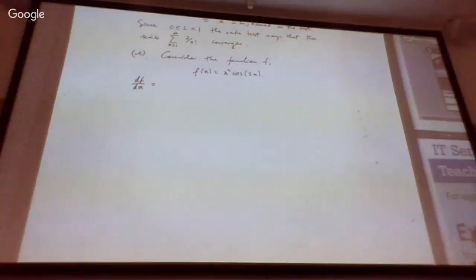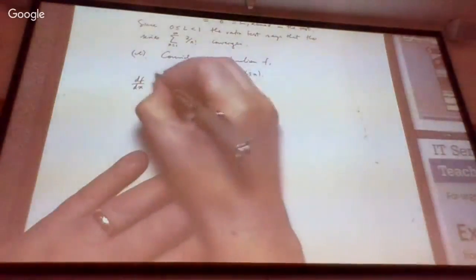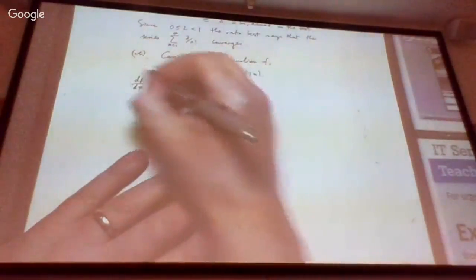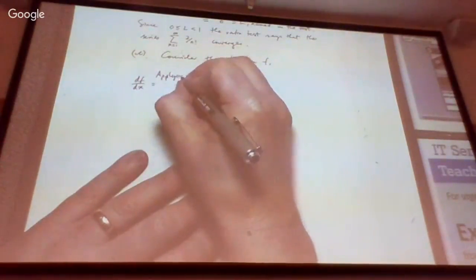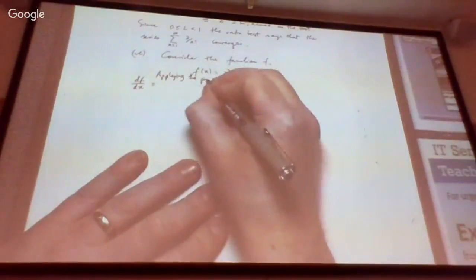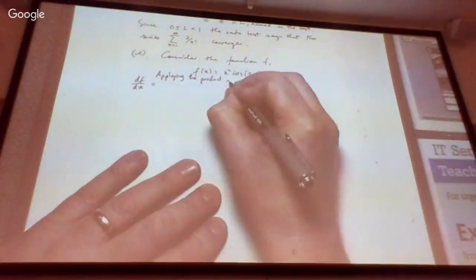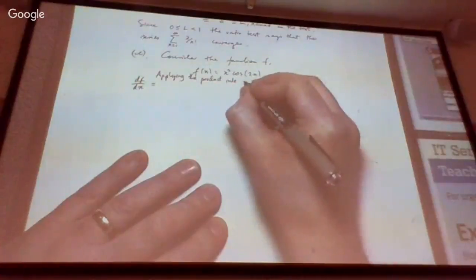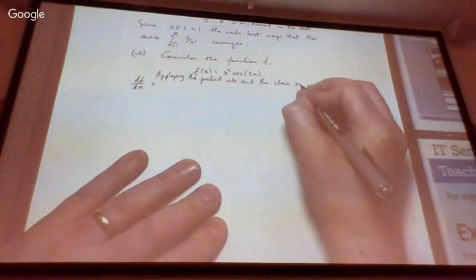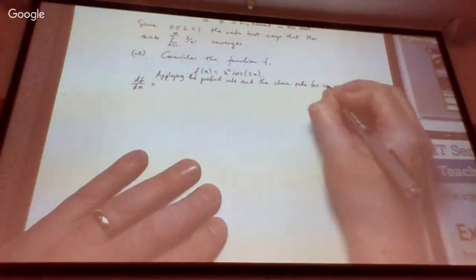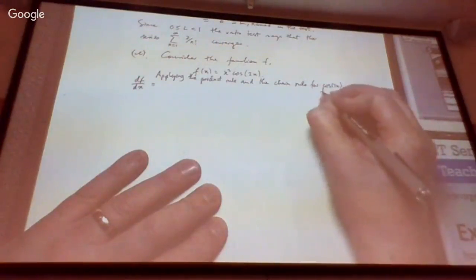So for that part, we're going to need to use the chain rule. So we could say, put a little comment here, applying the product rule, and then chain rule for the cosine 2x factor.